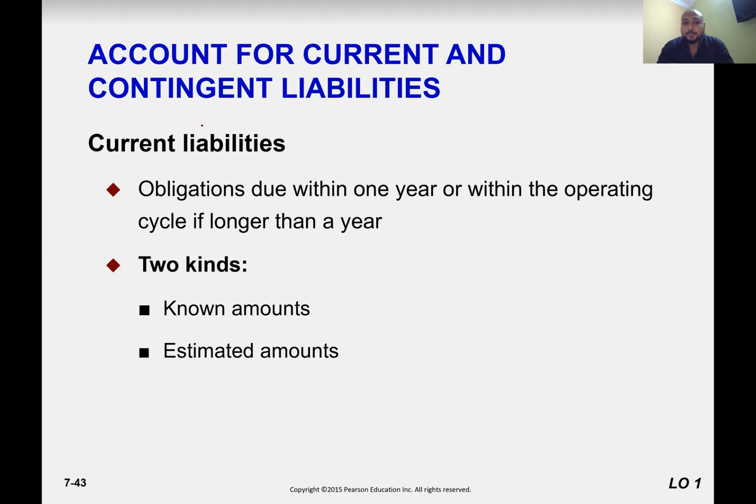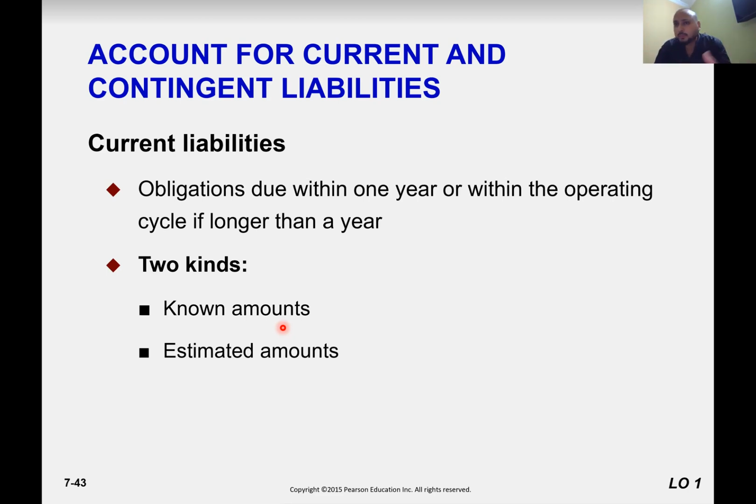Number one, the current liabilities with known amounts, in which we know exactly how much we have to pay back, how much we have to pay to the suppliers, how much for the salaries, how much for the taxes, right? We already know the numbers.